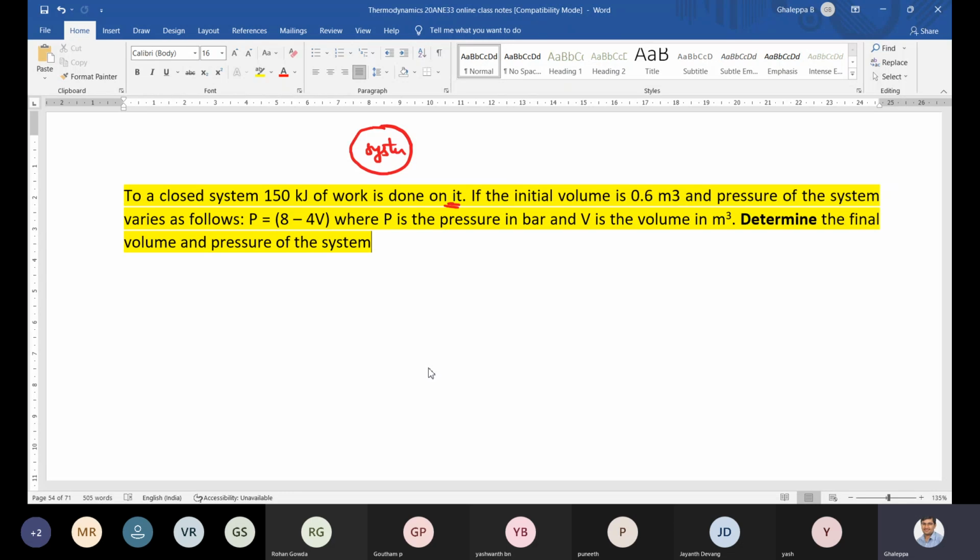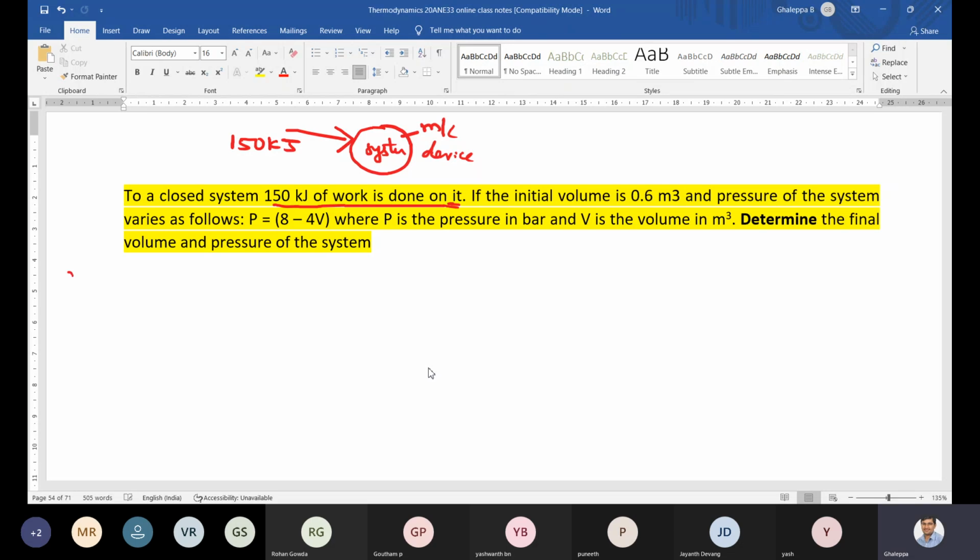It may be fan, turbine, compressor, human body, laptop, whatever. Just assume it is a machine or one device. So 150 kilojoule of work is done on it. On it means the arrow mark should be towards it, like this, 150.